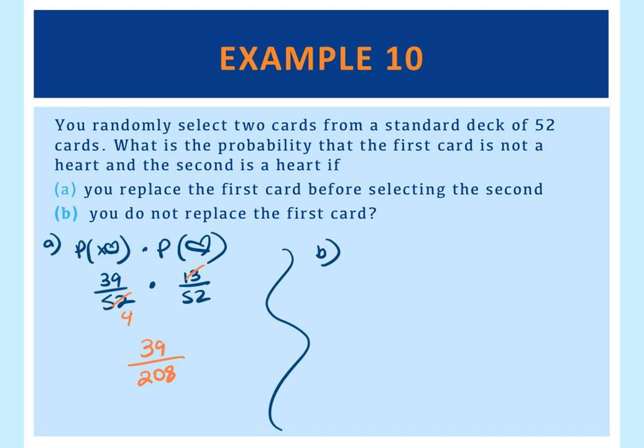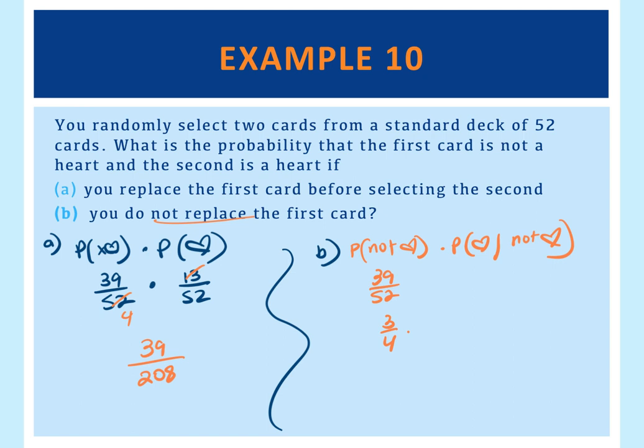Now, the second time, you do not replace the first card. So this is the probability of not heart times the probability of the heart given the not heart was selected the first time. So probability of not getting a heart is still 39 out of 52, or 3/4. We could reduce it if we wanted to there.